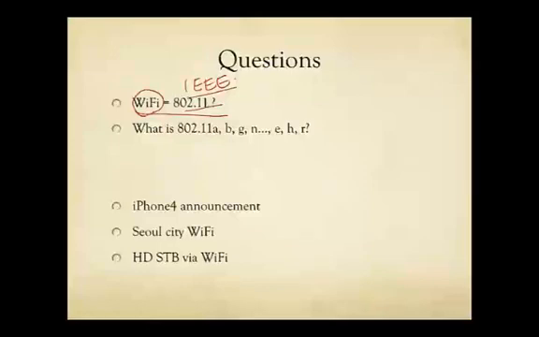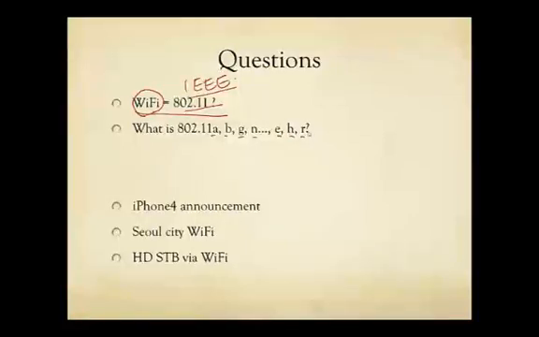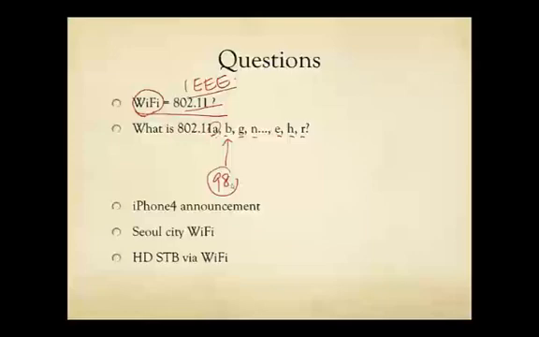But what about this business of 11A and B and G and N and E and H and R? It sounds like a very lazy way to do alphabet soup. Well, these are just different subclasses of the 11 family. It started actually with B. Of course, they tried to start with A first, but the standardization around family B gelled before that of A. So 11B back in 1998 was the only family available if you wanted to buy a Wi-Fi product.